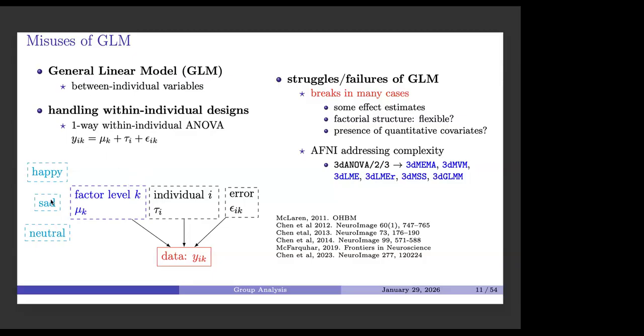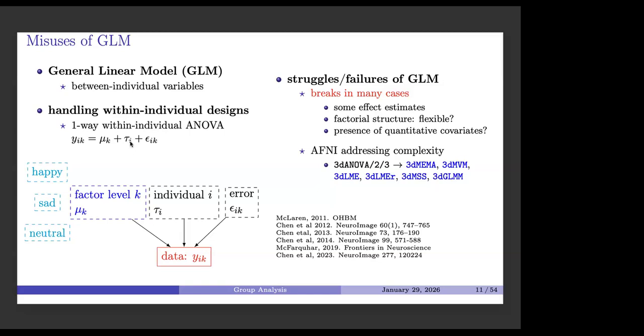So let's go back to this slide again. Suppose we have one factor, happy, sad, and neutral, or even just two conditions. The problem is the same, right? Looking at the model, we have three terms. At the group level, we have the average for each emotion condition. Then we have the cross-individual variability, which we usually call random effects.